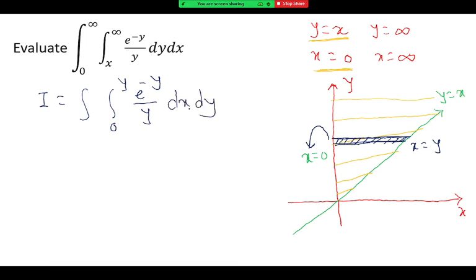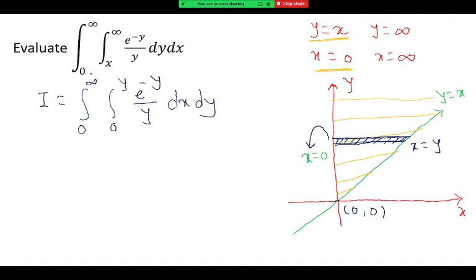So what should be the outer limits now? The outer limit should be for y. What is the minimum y and maximum y over the region? Minimum y is obviously 0. And the maximum? Infinity. Yes, 0 to infinity is the correct answer. Good. And that's the change of order.